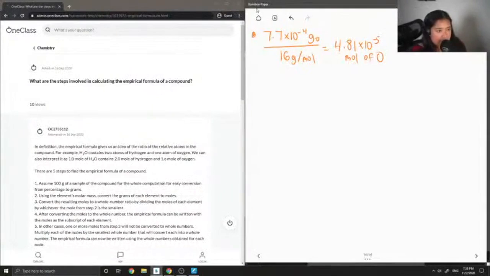So now I'm going to write out the empirical formula just by using these mole values that we found. For carbon, it was 1.43 times 10 to the negative 4. For hydrogen, it was 2.87 times 10 to the negative 4. And for oxygen, it is 4.81 times 10 to the negative 5.